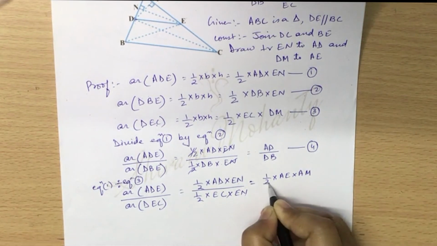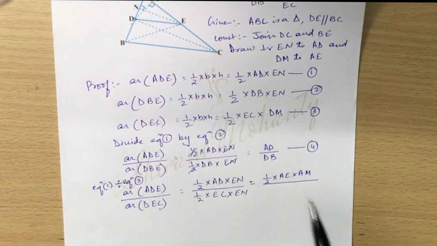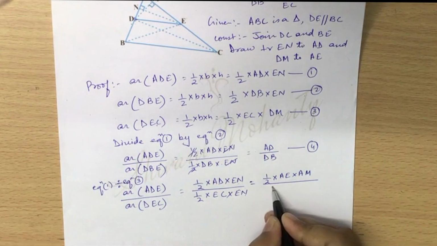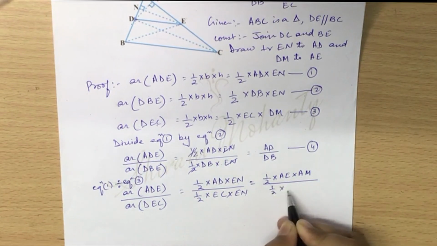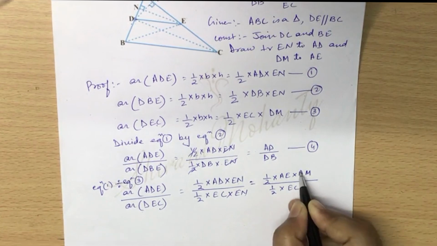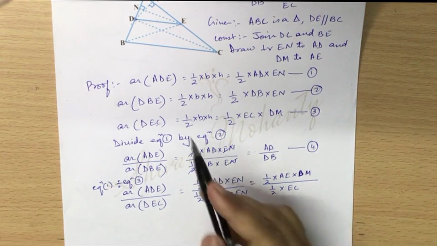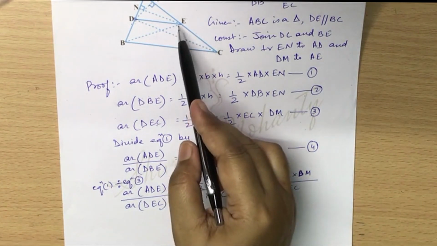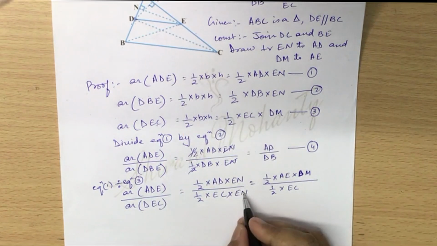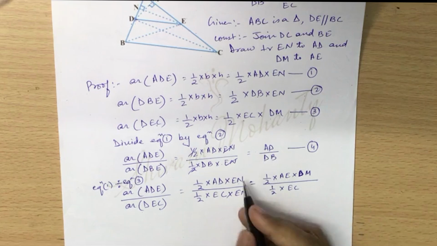by, what is area of DEC? It is half into EC into DM. Sorry, I made a mistake, it is EC into DM.